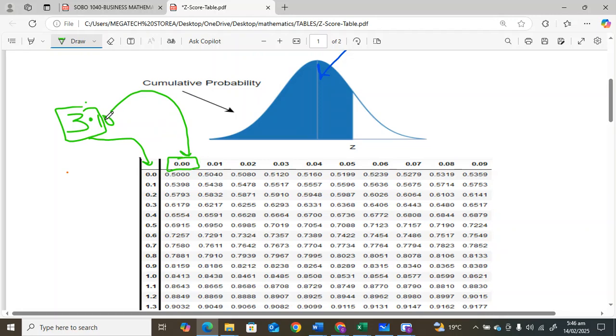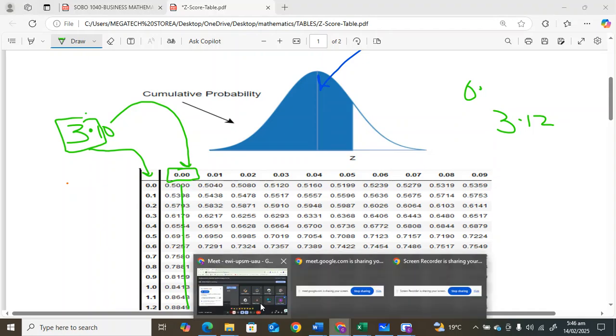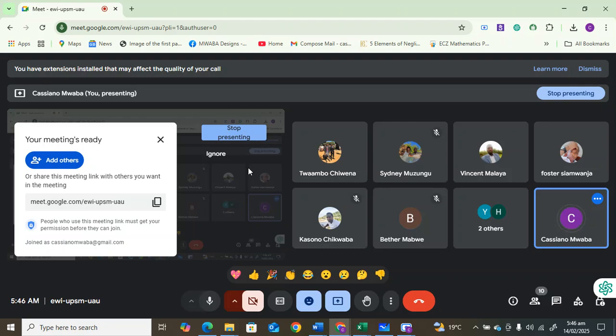The last number represents the last digit in these decimal places. Usually, with this type of question, 3.120, yes, it's good you raised that. You always round to two decimal places because the table can only accommodate two decimal places.